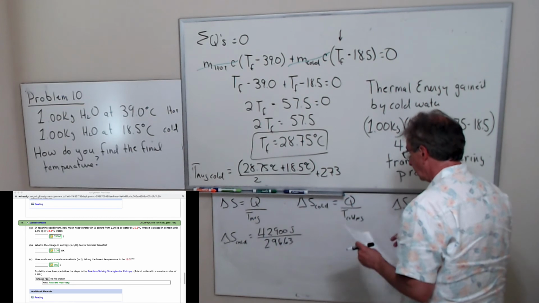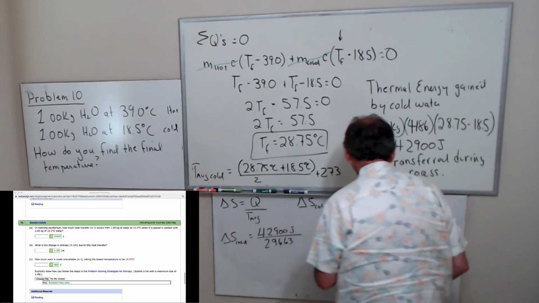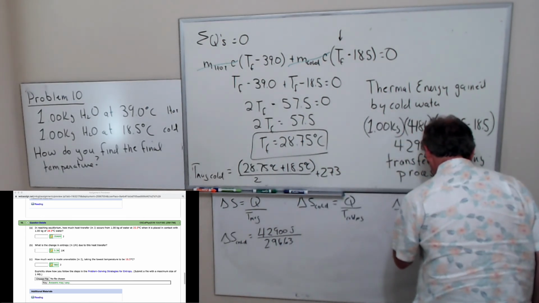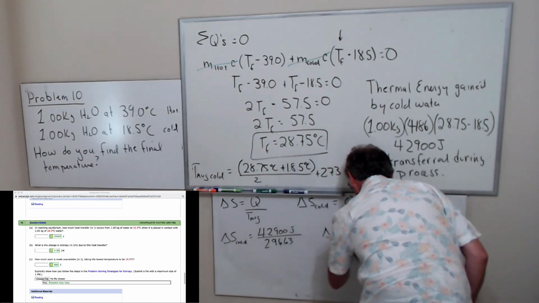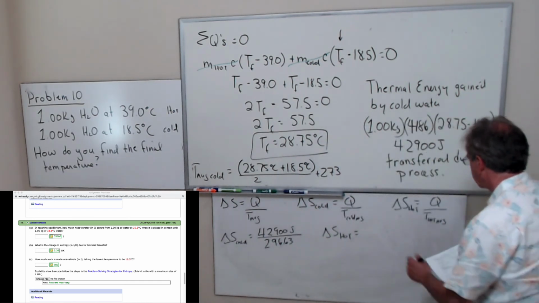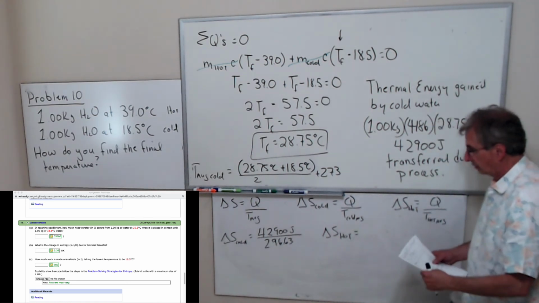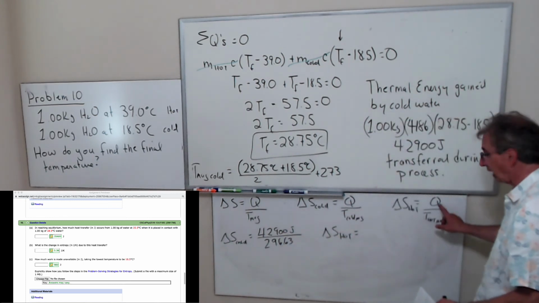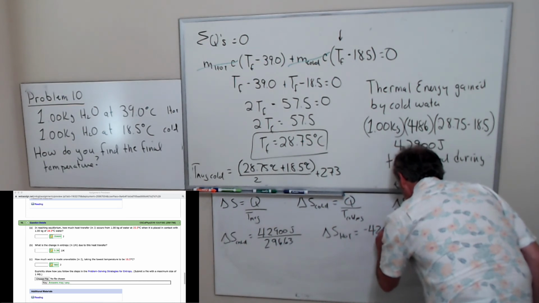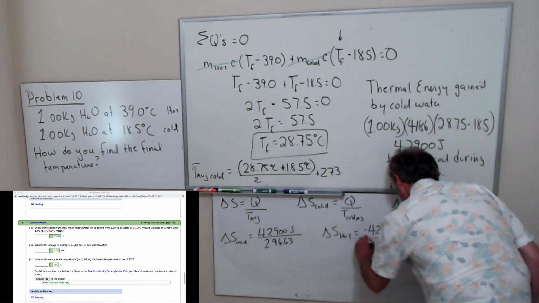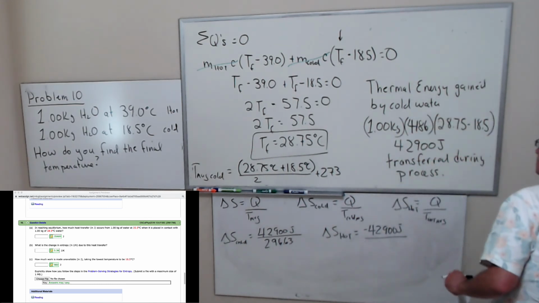Okay. And then when I do the other one, delta S hot, this is going to be negative because the hot one lost energy, right? The cold one gained this energy. The hot one lost that energy. But then the average temperature, let me erase this.